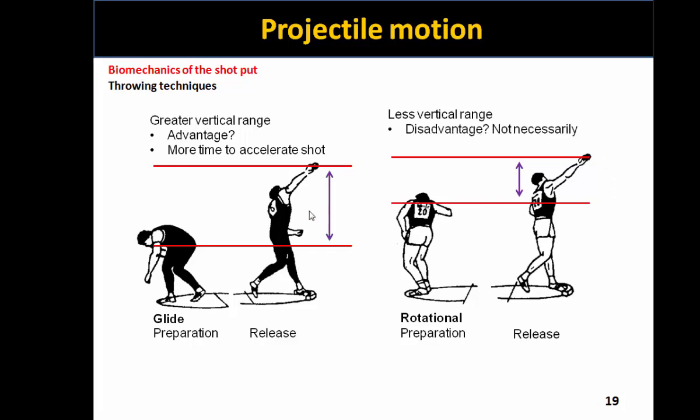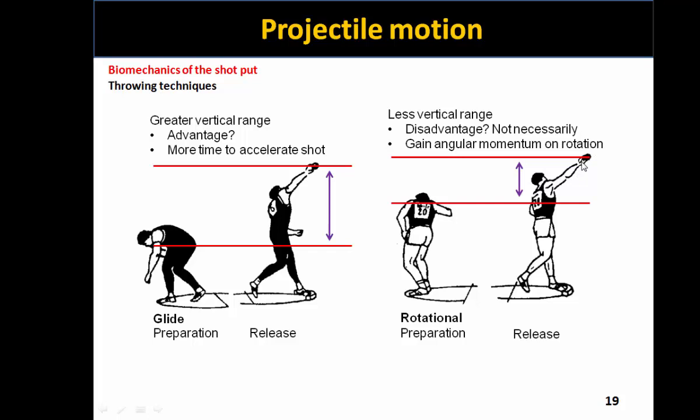And because of this fact, it raises the question of whether this technique will pose a disadvantage to the performance. Not necessarily, because where the athlete loses that vertical range, the whole body angular rotation will generate angular momentum. And that angular momentum can be translated into increasing the velocity of the shot.